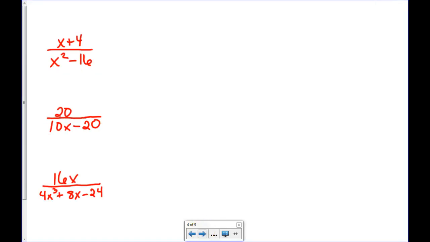Okay, I have 3 other examples here. These are a little bit more complicated. And remember from last unit, when you have a perfect square and a perfect square in a binomial, and you have a minus sign in between them, what can you do to factor that?